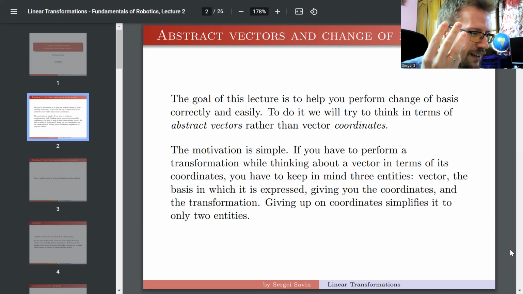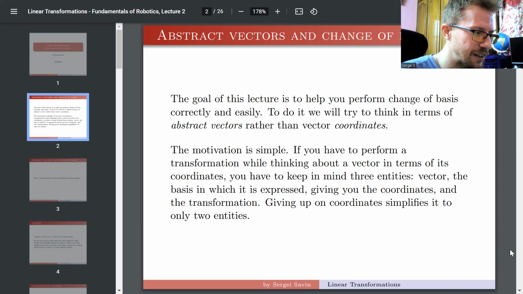Another is the coordinates, so the basis in which it is expressed, because coordinates mean you are expressed in terms of some basis. And last is the transformation. So 3 things: vector itself, basis in which it is expressed to give you coordinates, and transformation.